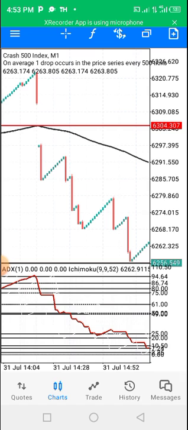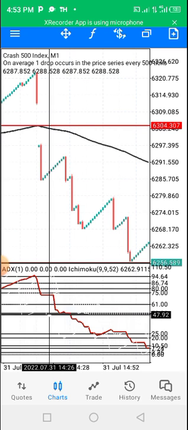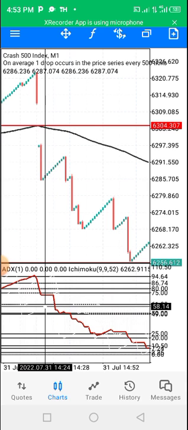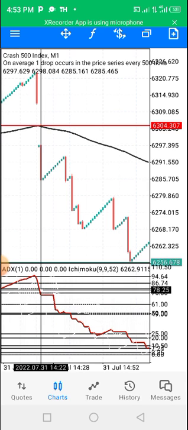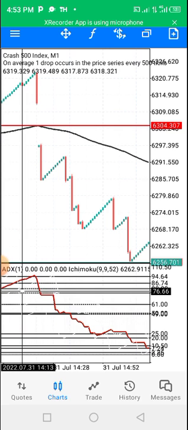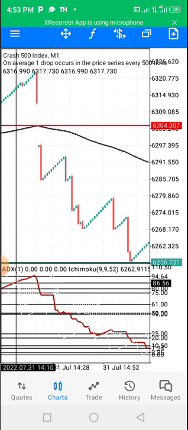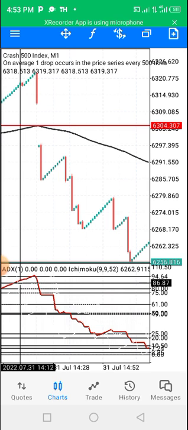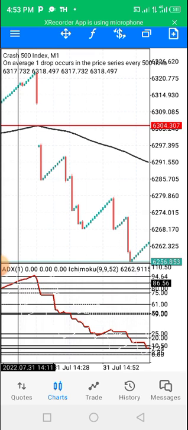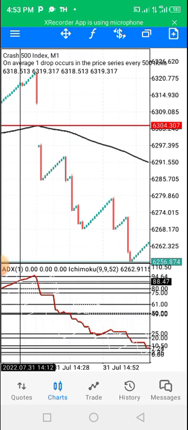Like I said, on crash, you're actually looking for selling opportunities. So on crash, the moment you see these red lines getting to the level 86, you place your trade that you sell.